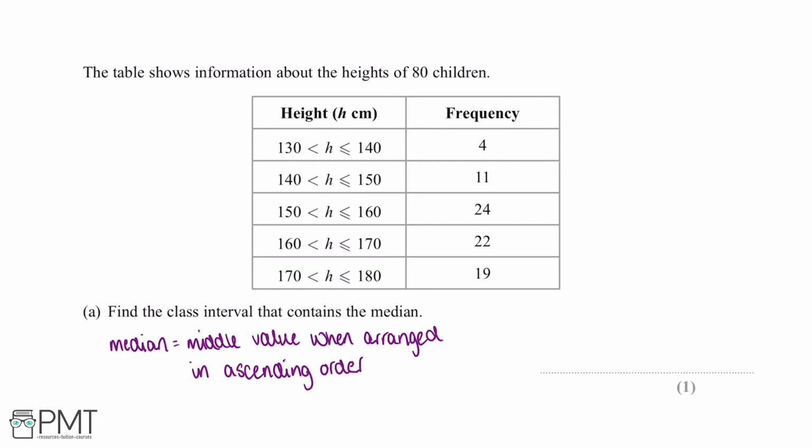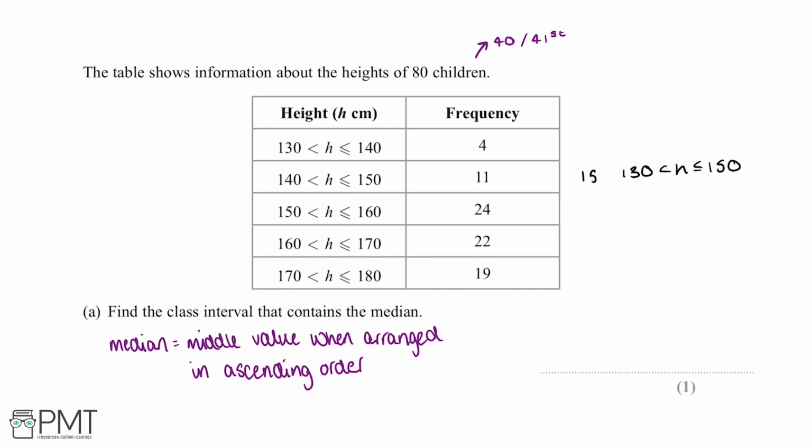So if we arrange these 80 children in ascending order of heights, the 40th and the 41st values would be the 2 middle values. So if we take a look at this frequency column, if there are 4 people between 130 and 140 centimetres, and there are 11 people between 140 and 150 centimetres, then this means there are 15 people between 130 and 150 centimetres.